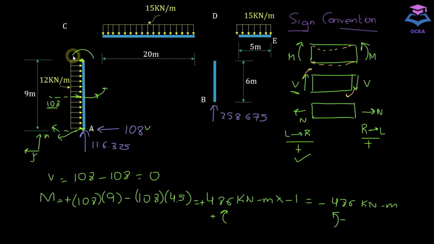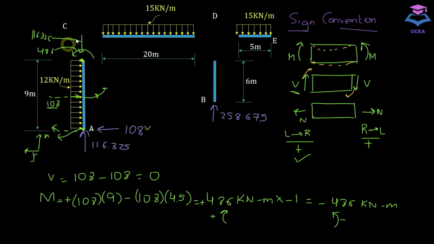So we need to apply a moment of 486 in counterclockwise direction. And for axial force, in order to keep this segment in equilibrium, we just need to apply 116.325 in downward direction. So this segment will be kept in equilibrium in this way.